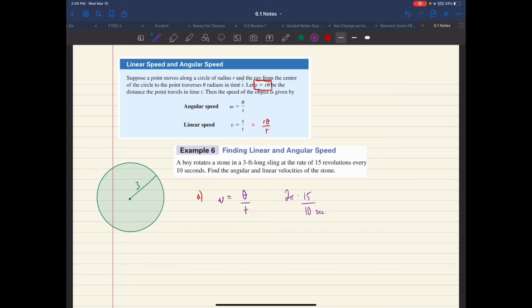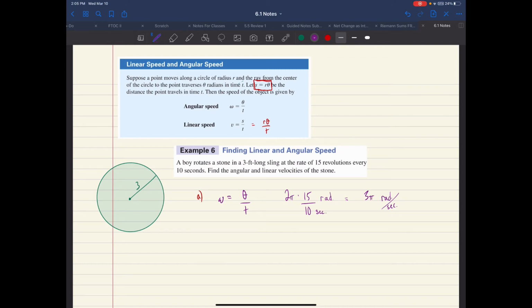Just remember the numerator of this is in radians. So we would have 2 pi, that's 1 revolution, times 15, because that's how many revolutions it says, and it does that in 10 seconds. So it would be 2 pi times 15 divided by 10, and that would give us 3 pi radians every second. Okay, so that's angular speed.